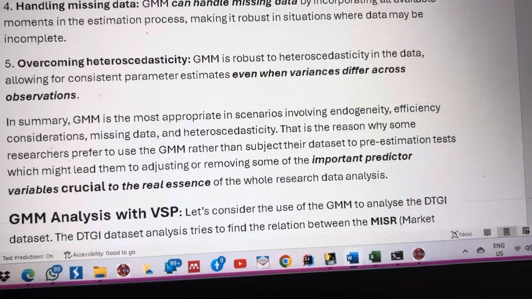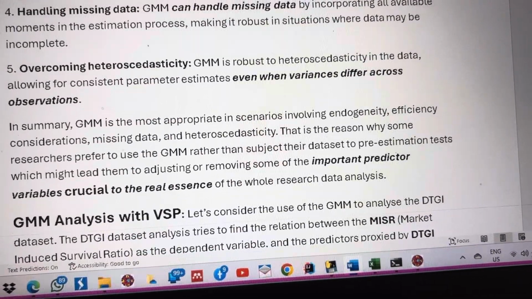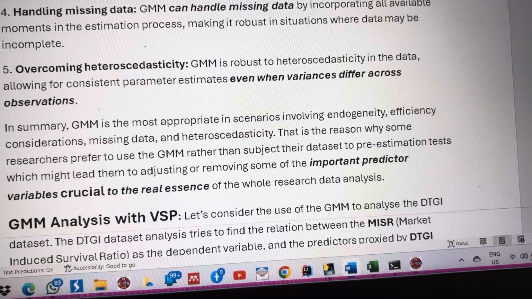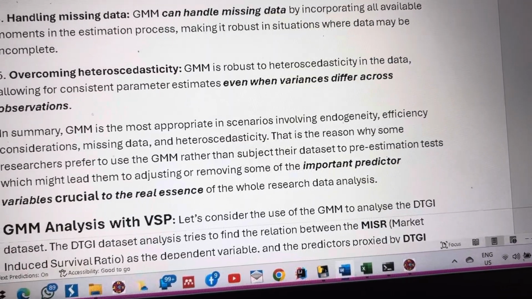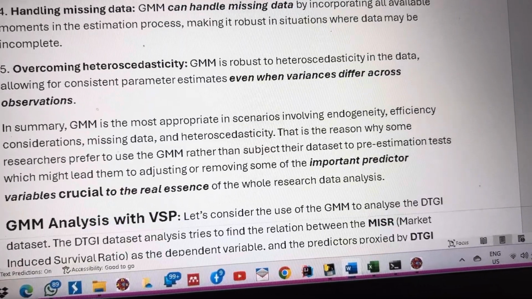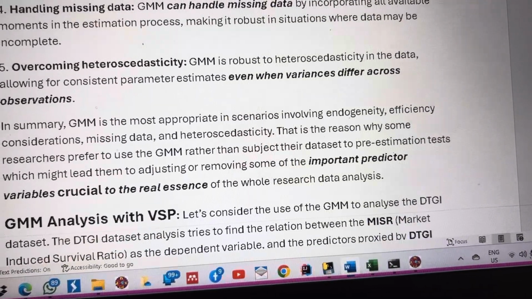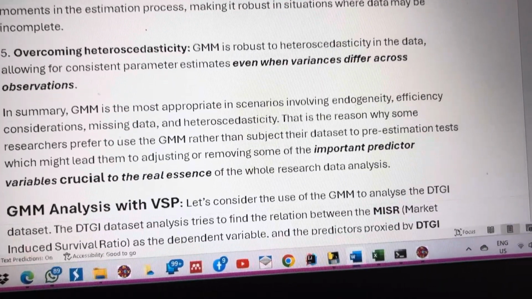Now, the fifth one and the last one is overcoming heteroscedasticity. GMM is robust to heteroscedasticity in the data, allowing for consistent parameter estimates, even when variances differ across observations.